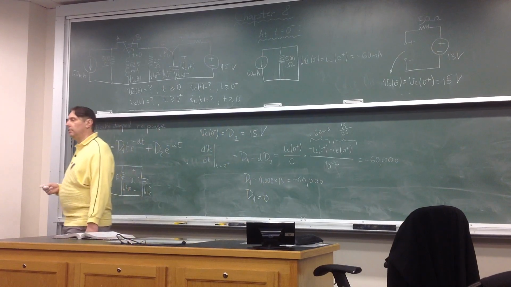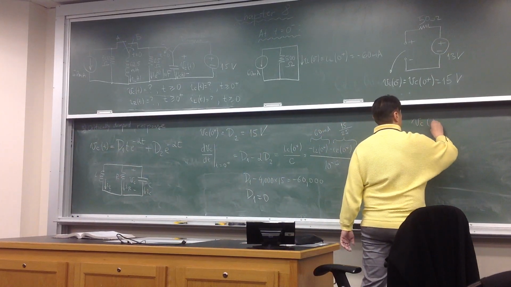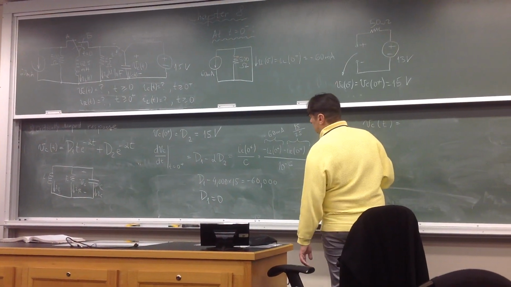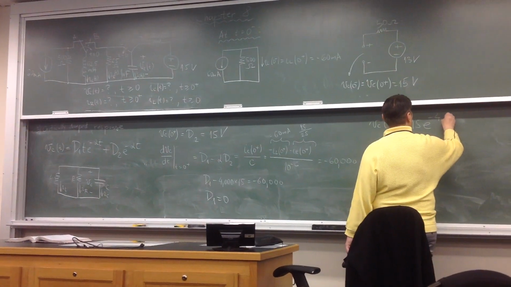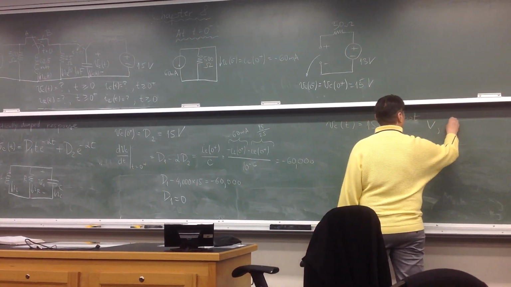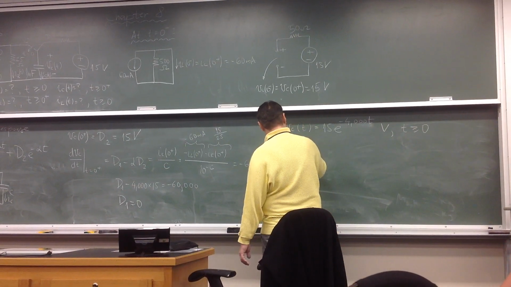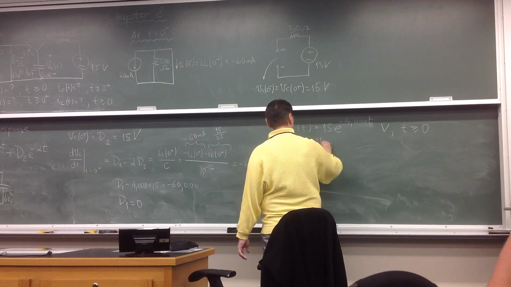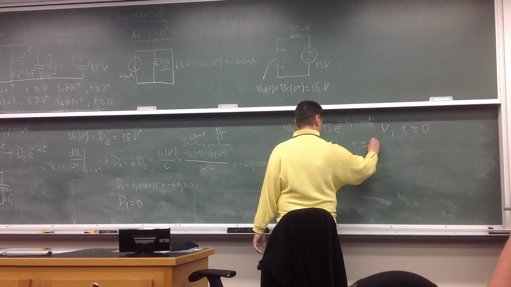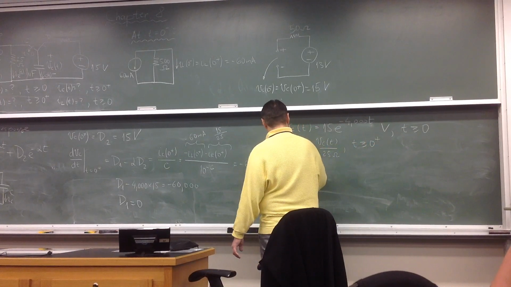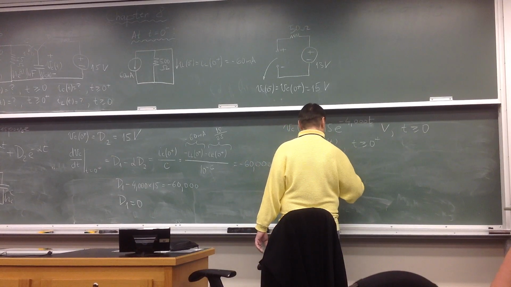Okay, you got it. So your VC of t is basically, since D1 is 0, V2 is equal to 15 e to the minus 4,000 t volts for t greater than 0. And then again, we can do IR of t using Ohm's law: VC of t divided by 25 ohms for t greater than 0, plus IC of t is C dVC over dt.